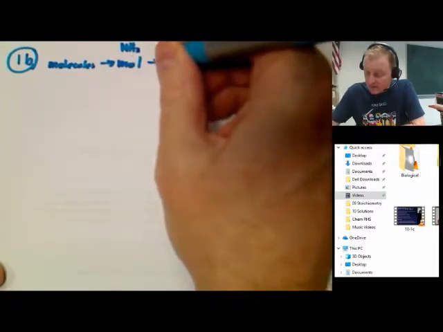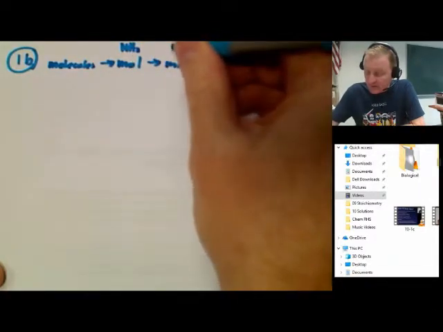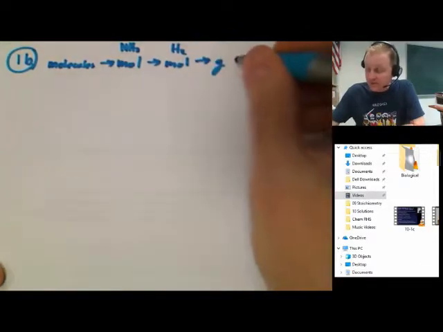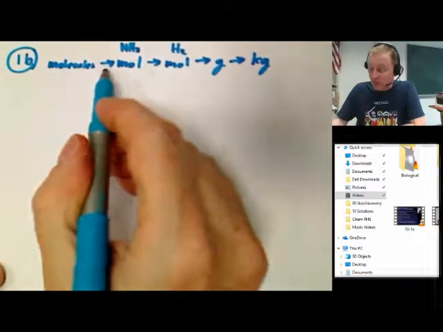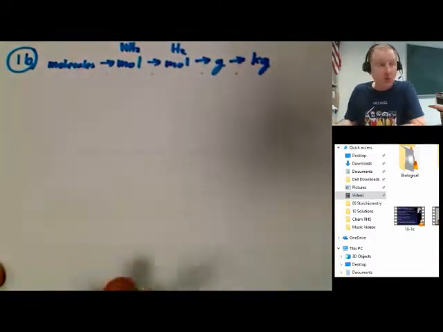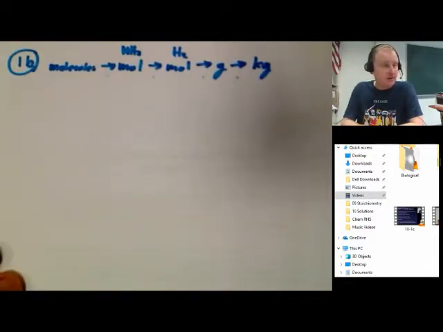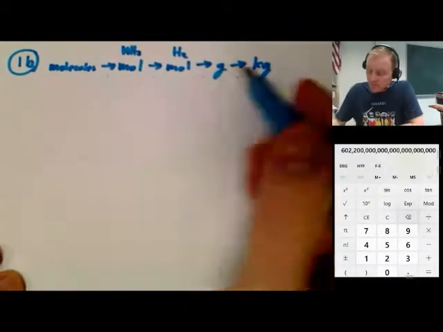Then I'm going to go to moles of hydrogen through stoichiometry, which I then convert to grams of hydrogen, and then I have to convert to kilograms of hydrogen. So I have to do 4 different conversions here. I'm going to use dimensional analysis to set this whole thing up, and then we'll put it in the calculator and solve it.